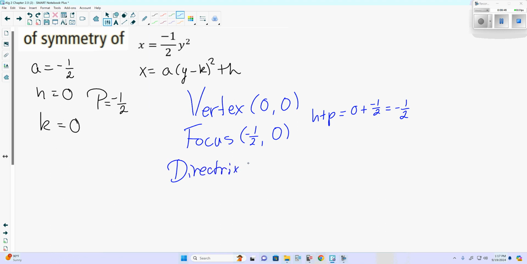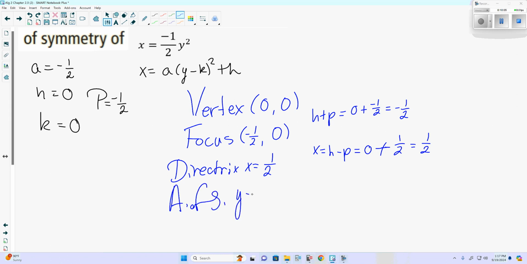Directrix. X equals h minus p. 0 minus negative 1/2. Negative, negative, make a plus, giving us positive 1/2. Axis of symmetry. Y equals k, y equals 0.